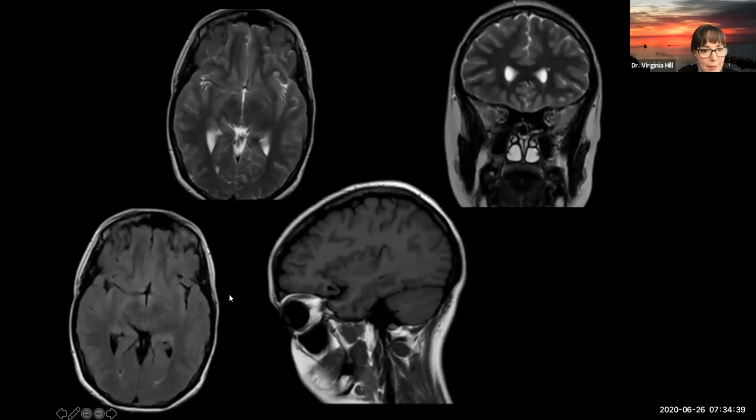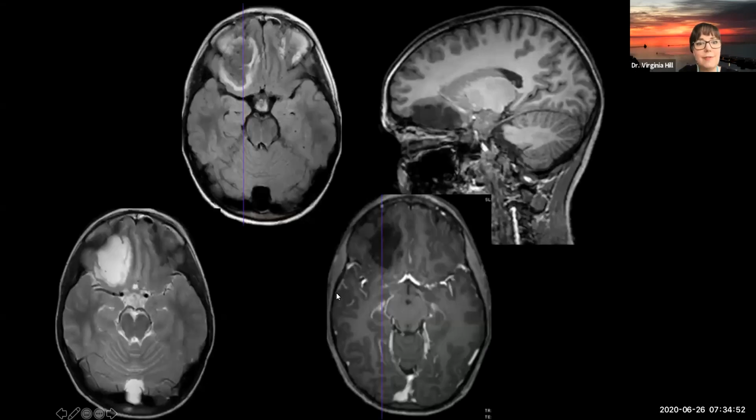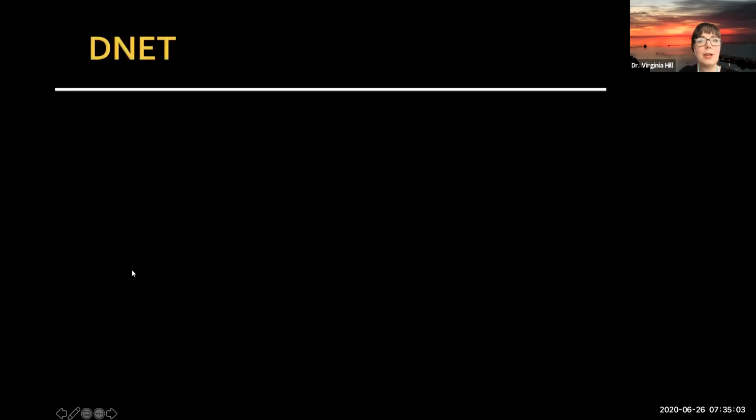And here we have our little T2 hyperintense tumor, which suppresses on FLAIR and is dark on T1. And here's another one, suppresses on FLAIR, dark on T1, not much enhancement, T2 hyperintense, and that was a DNET.